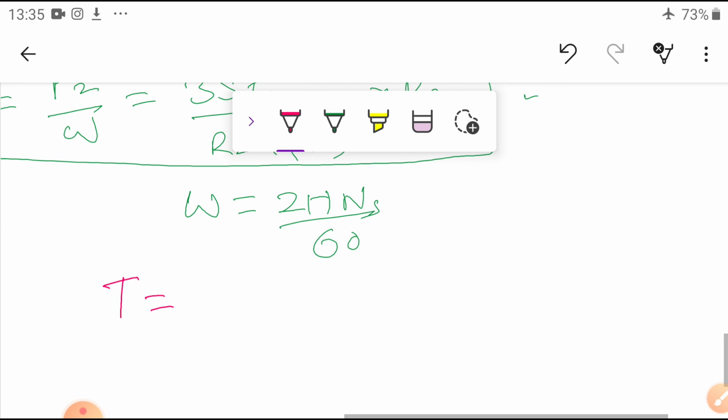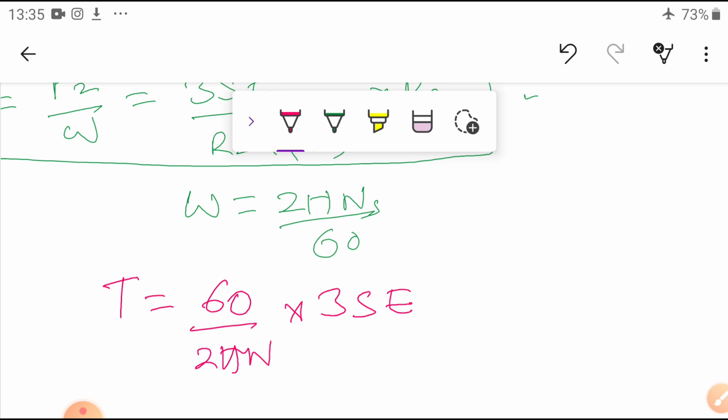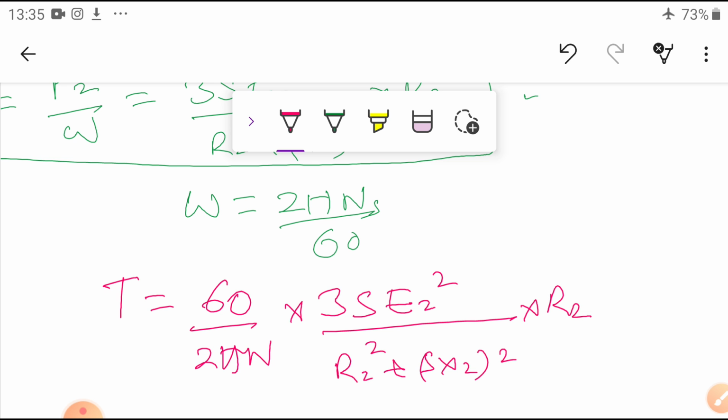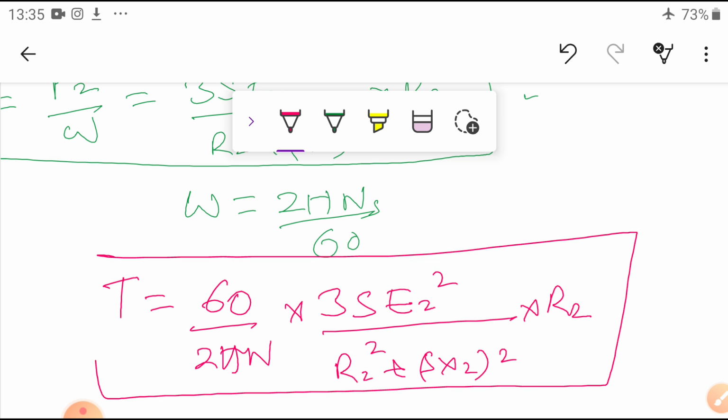That is equal to 60 by 2 pi n, into 3 S E2 whole square divided by R2 whole square plus Sx2 whole square, into R2. So this is the equation.